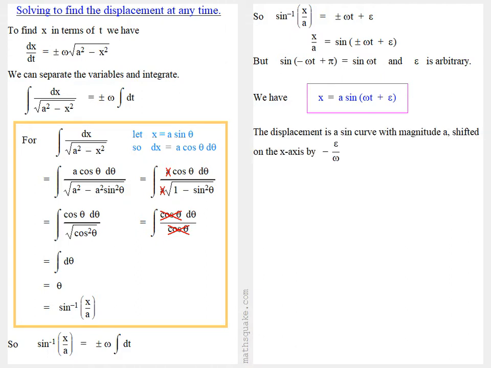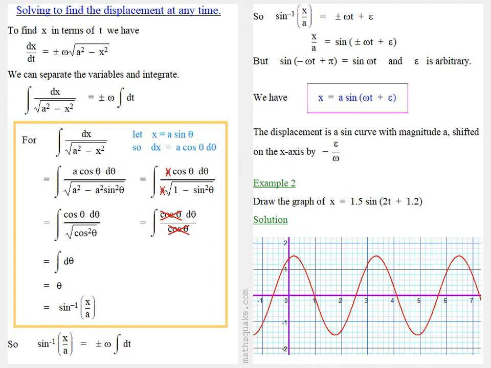So we see the displacement is a sine curve with magnitude a shifted on the x-axis by an amount minus epsilon over omega. Let's have a look at an example. Draw the graph of x equals 1.5 sine 2t plus 1.2. Well, if we draw the graph, we see it is a sine curve.